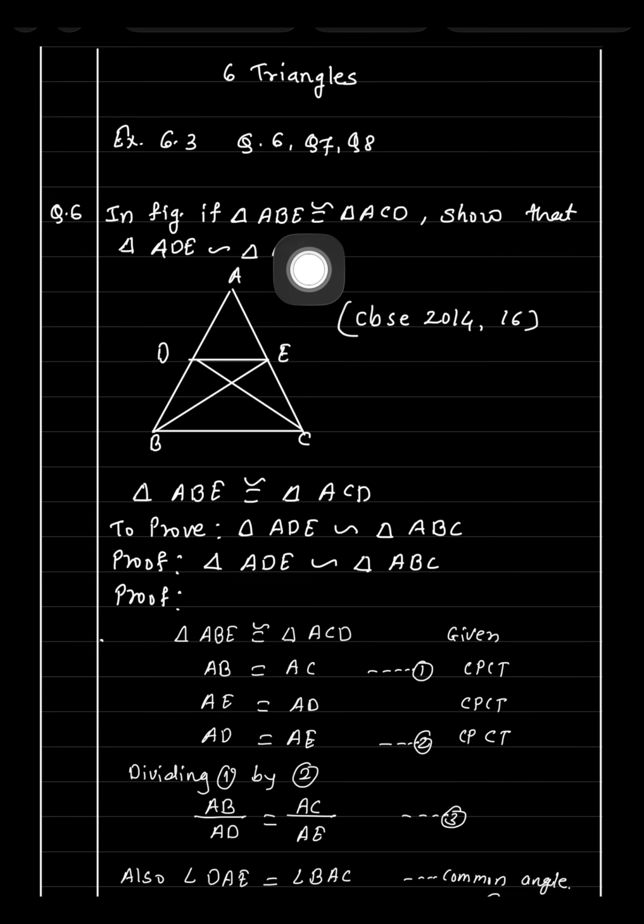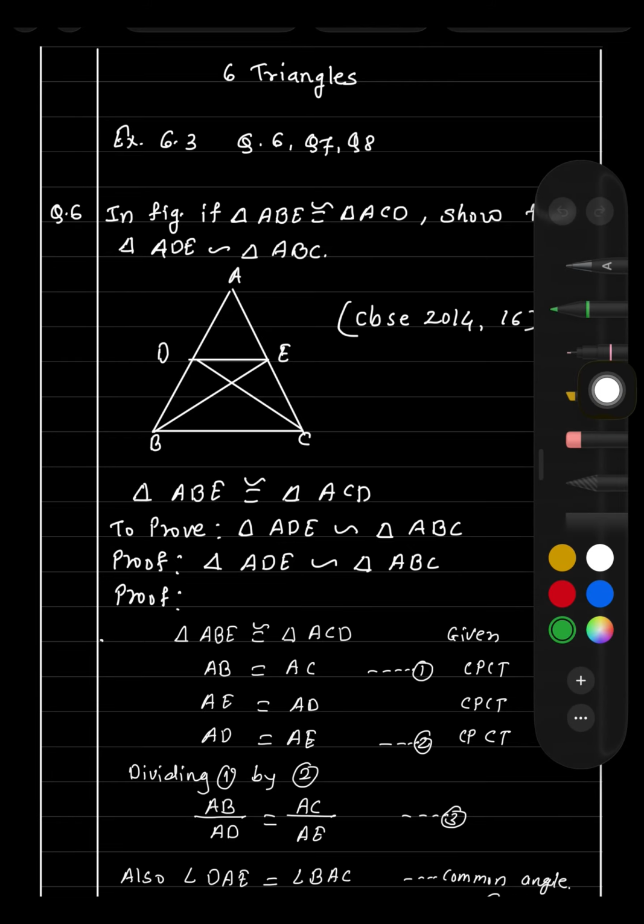So what is the given? Triangle ABE is given, congruent to ACD. These two triangles are given. Show that ADE is similar to triangle ABC. ABC means that big one, we have to show that. Again, what is the question?